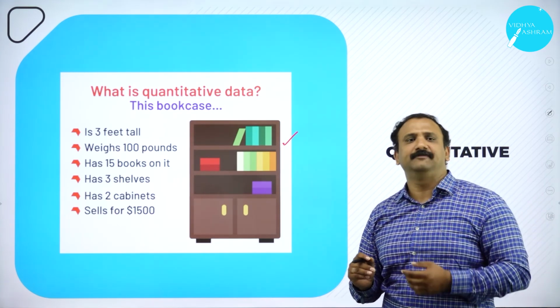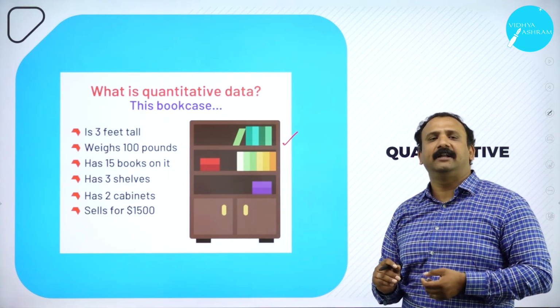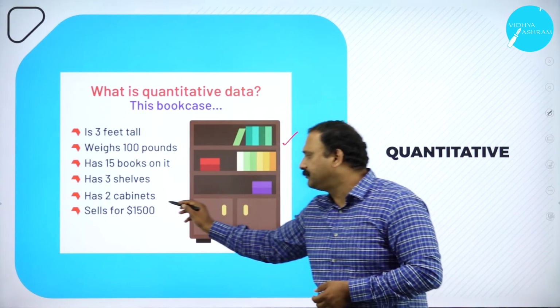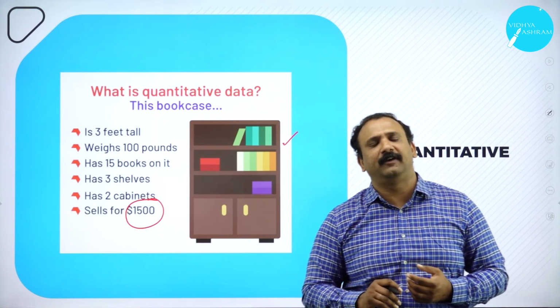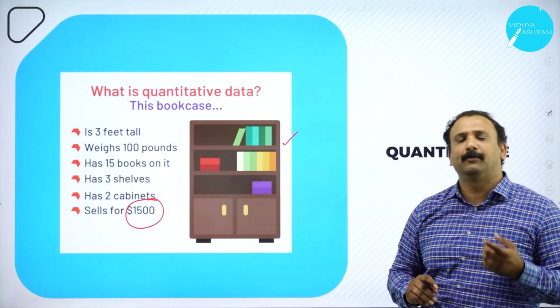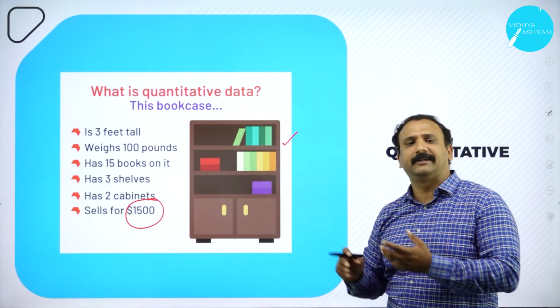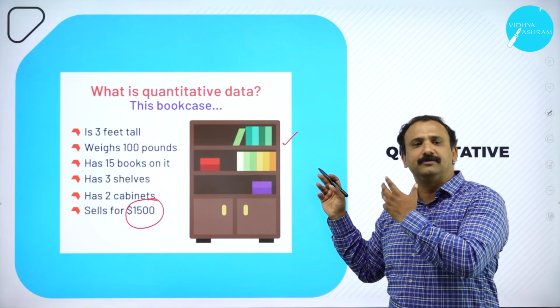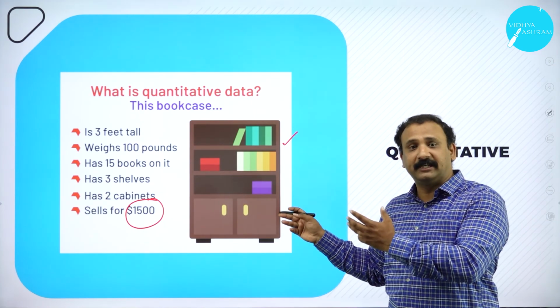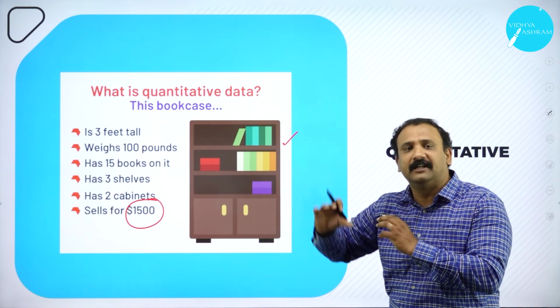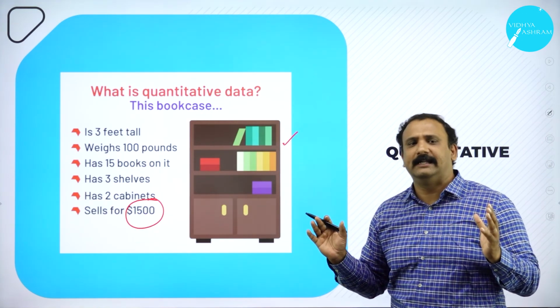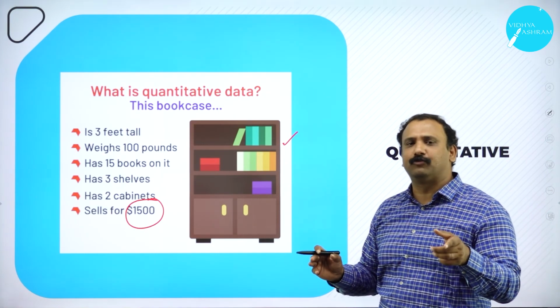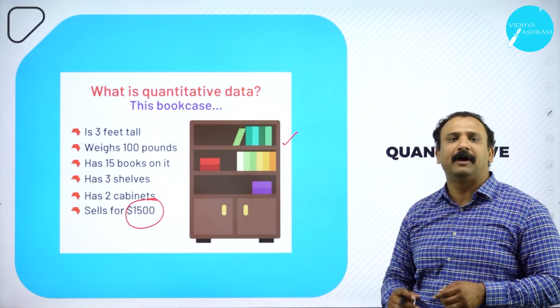It has 3 shelves, 2 cabinets, and it is worth a sale of $1,500. All I have talked about is the shelf in terms of numbers. I'm describing its physical character in terms of height, weight, capacity, physical arrangement, its width and length, and I'm also going to talk about its value, which is given as 1,500 here.